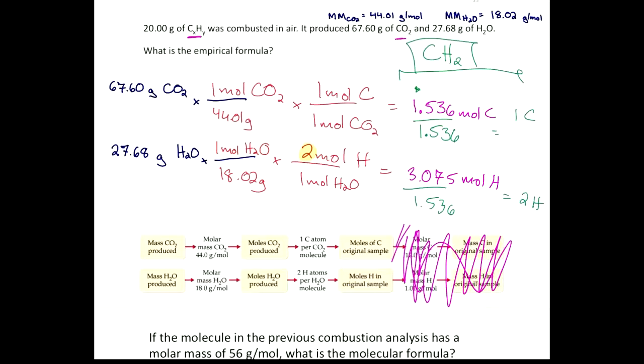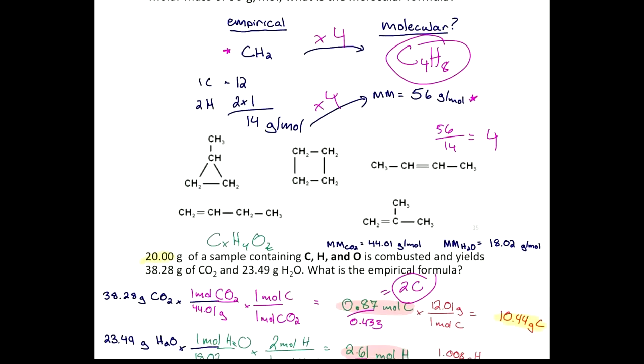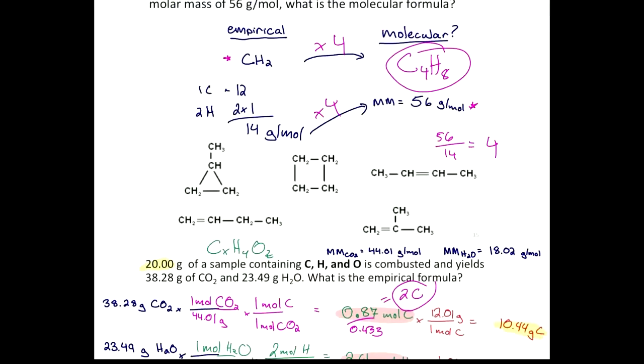Because they kind of fall under the same idea of finding that simplest mole ratio. And both of these, combustion analysis and percent composition calculations, can only get you your empirical formula. You need the complete molar mass of your molecule to get your molecular formula information, all right? So there we go.